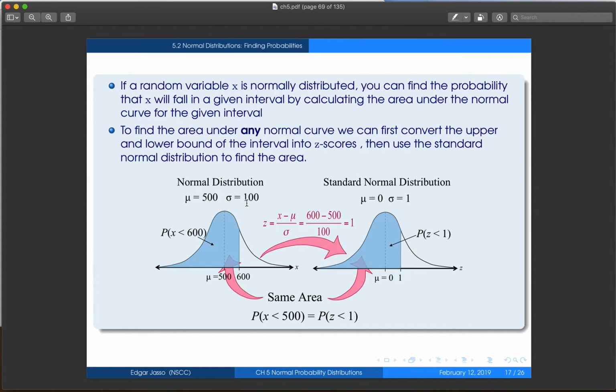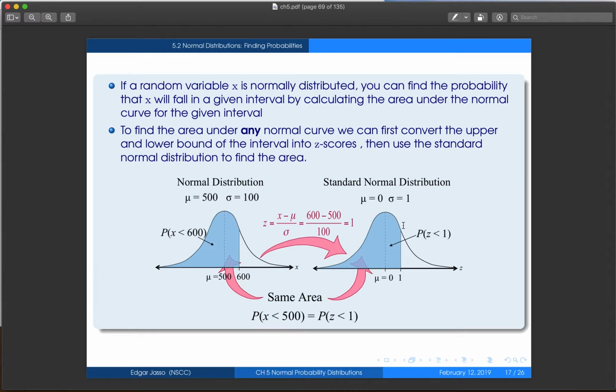Now, in 5.2, we ask: what if you have a different normal distribution with a different mean and a different standard deviation? Well, the important thing is this. For example, in the example pictured here, taken from the book, say you have a normal distribution that has mean 500 and standard deviation 600. If you want to find the area to the left of 600 on this curve, that's exactly the same as finding the area to the left of 1 under the standard normal curve on the right. Why? Because 1 is exactly one standard deviation to the right of the mean.